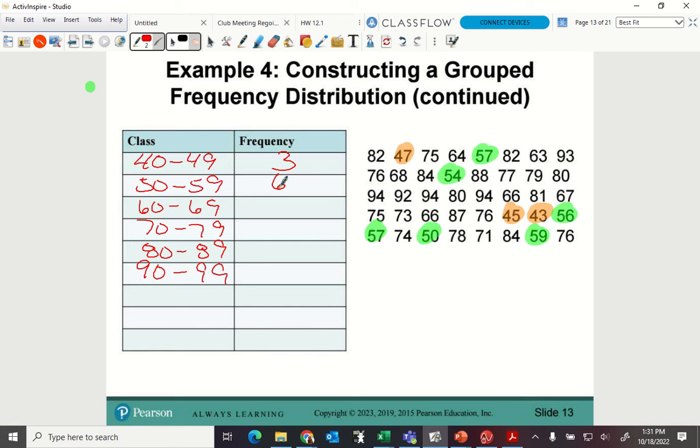Next one is going to be 60 to 69. So 1, 2, 3, 4, 5, 6. Only 6? Yeah, 6.